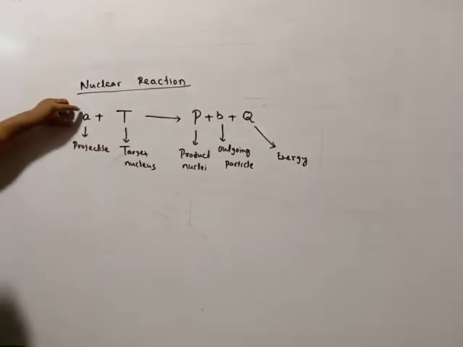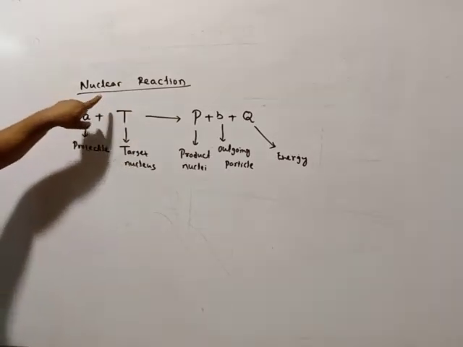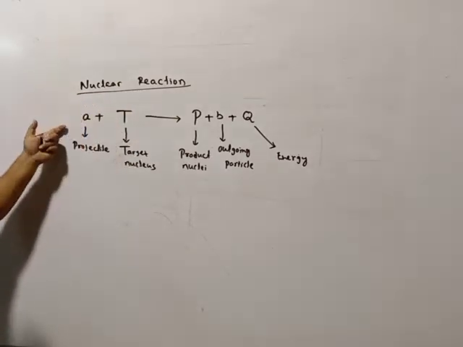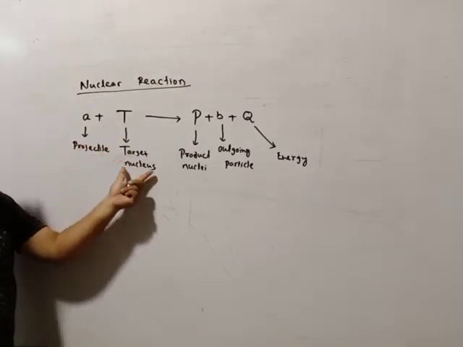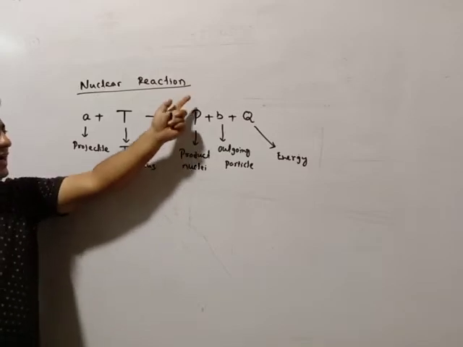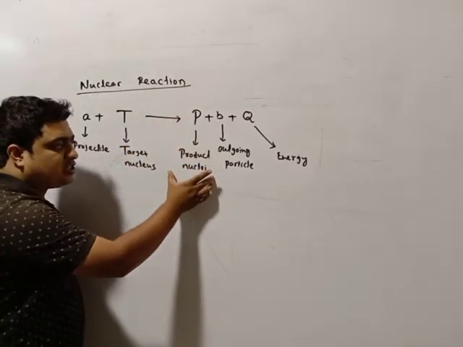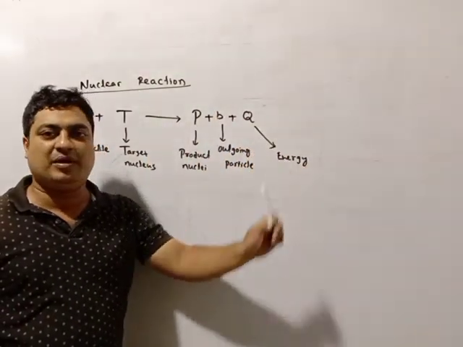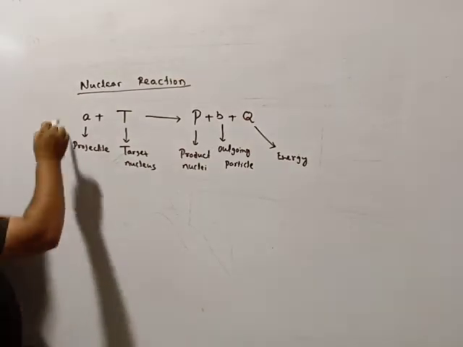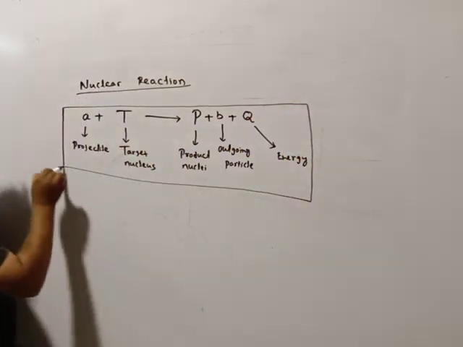So, a projectile particle is bombarded onto a target nucleus. By absorbing this projectile particle, the target nucleus becomes unstable. So, it splits into one or more products with some outgoing particles and emits some amount of energy. This is the basic structure of a nuclear reaction.